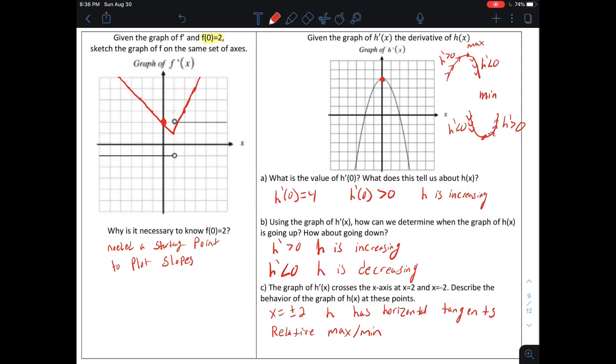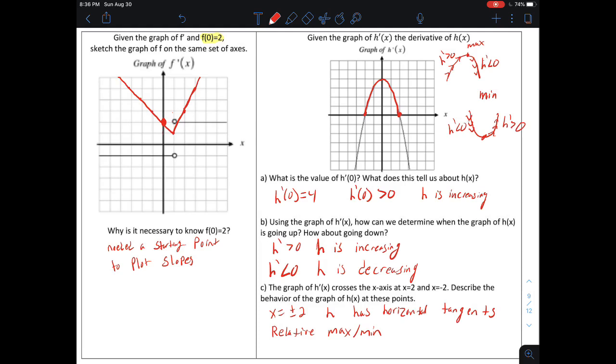Now, how can we tie all of this together on our graph that we have? And so what we have, because we're given the graph of the derivative, is that in between 2 and -2, my derivative is greater than 0.